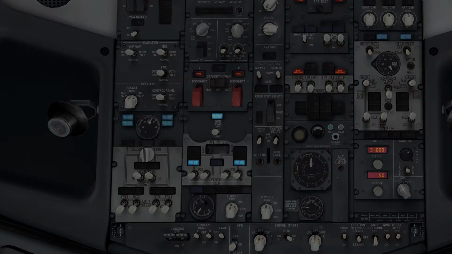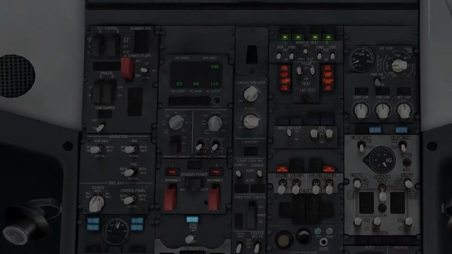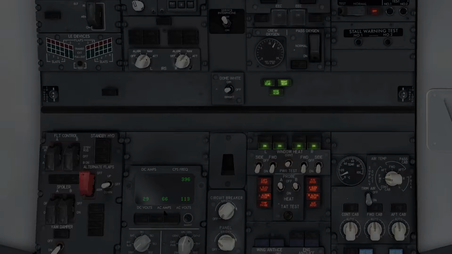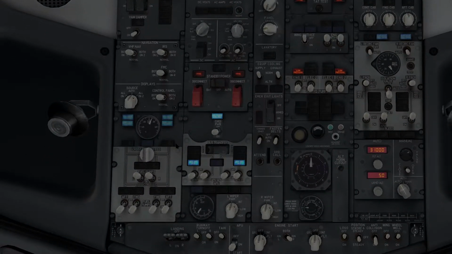APU gen on. And indeed we have some current. With the APU on, we can select APU bleed on. And we are nearly ready to taxi.